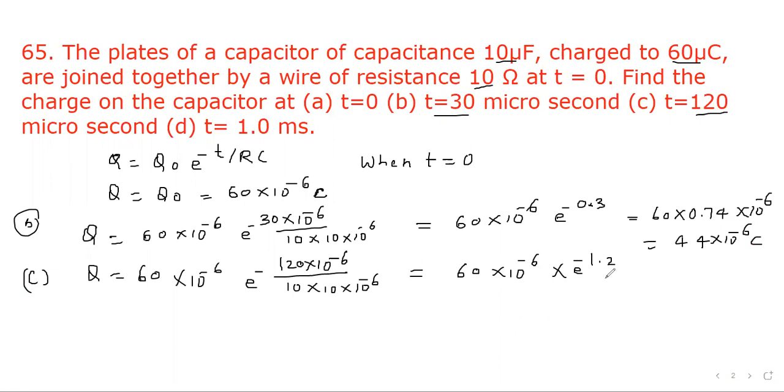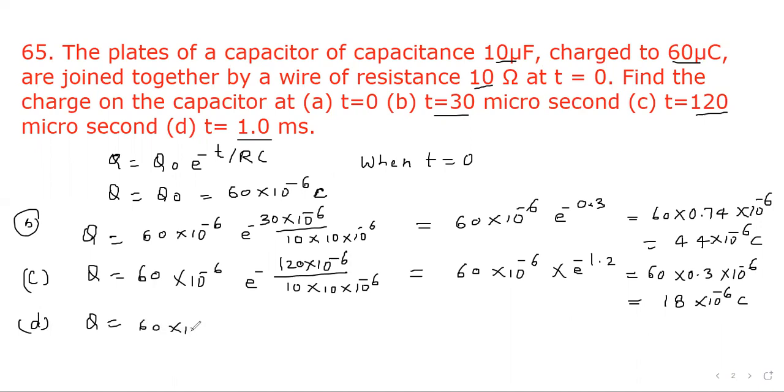So the value of e to the power minus 1.2 is equal to 0.3. So 60 into 0.3 into 10 to the power minus 6, which is 18 into 10 to the power minus 6 Coulomb.